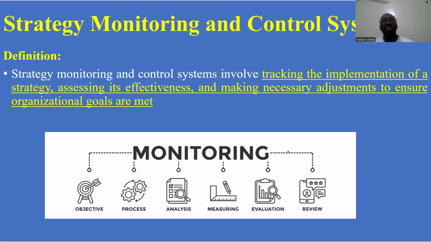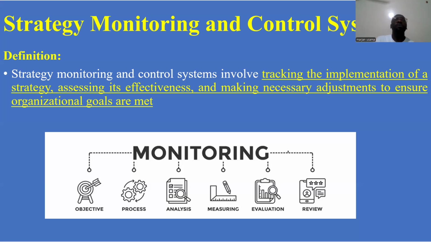What is the meaning of that? For example, when you're doing your exam at the end of the semester, we evaluate the students at the end of the semester, and we monitor the student with the mid-semester exam. So the mid-semester exam is known as formative assessment, or control and monitoring.